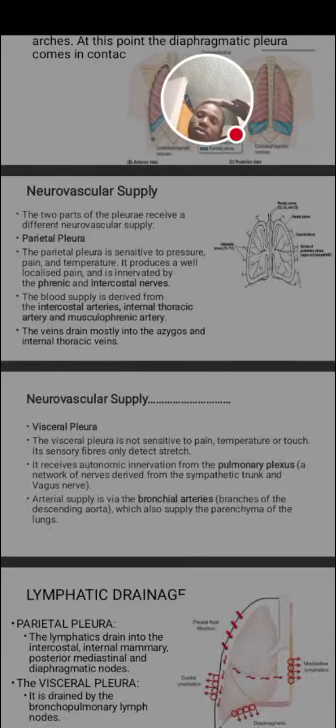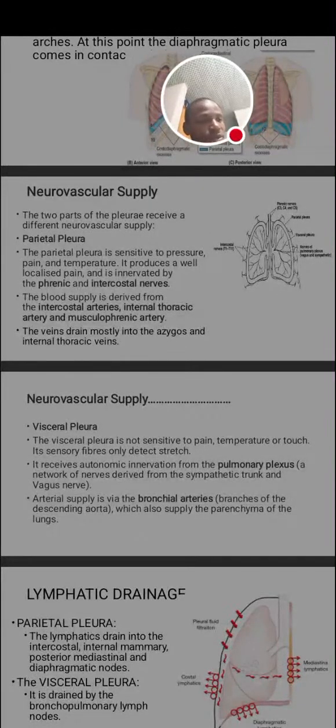Whereas this one is supplied by the sympathetic, they call it the pulmonary plexus, which is from the vagus nerve and sympathetic trunk. Pulmonary plexus, which is vagus and sympathetic.